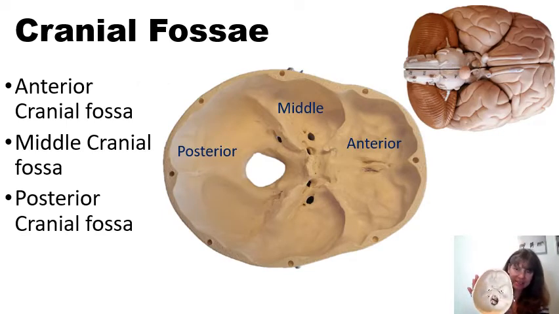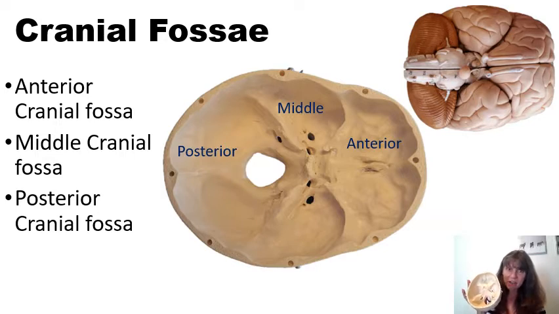When we look at the interior of the cranium, you'll notice that there are 3 areas where there is a pit or a depression. The word fossa means pit or depression. If we add an E to the word fossa, it creates the word fossae, which is the plural version of the word fossa.